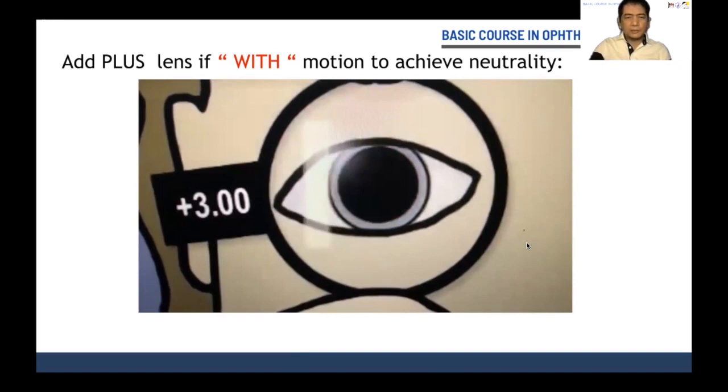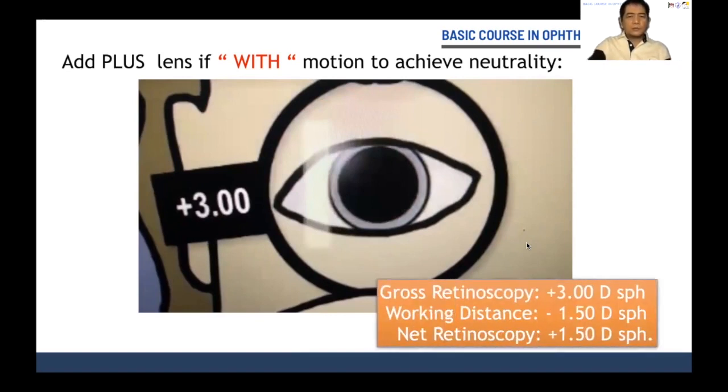You achieve neutrality. So your gross retinoscopy is plus 3 diopter sphere, the amount of lens that neutralizes the movement. Then you subtract your working distance, which is always minus 1.5. By algebraic addition, the net retinoscopy now is plus 1.5 diopter sphere.